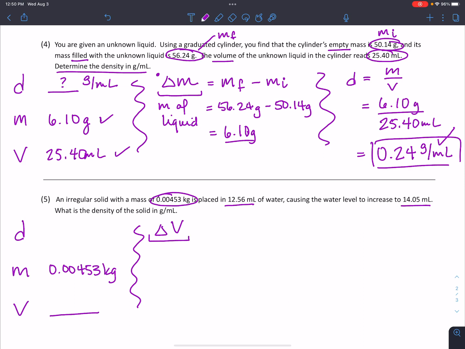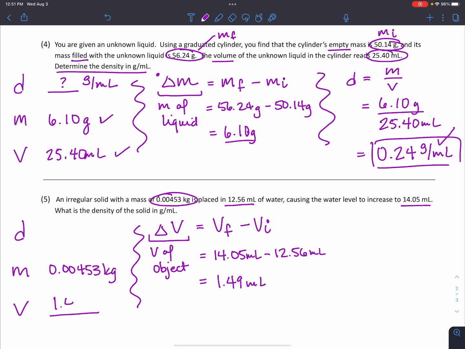So that change in volume is going to be equal to the volume of our object. And just like we saw above, it's going to be the final volume minus the initial. So our final volume of the water was 14.05 milliliters, and we're going to subtract the initial, which was 12.56. So our difference in volume is going to be 1.49 milliliters, and that's going to be the volume of our object.